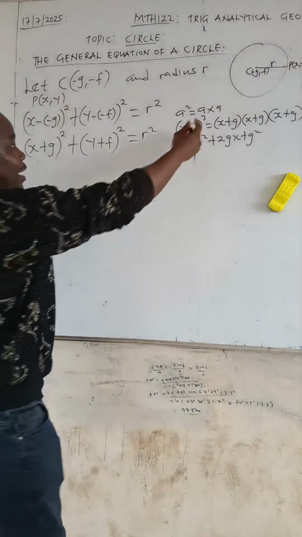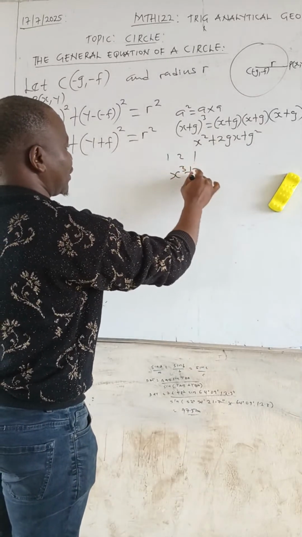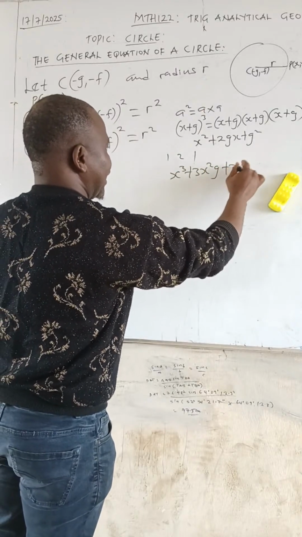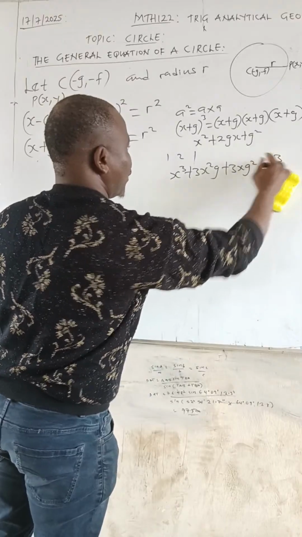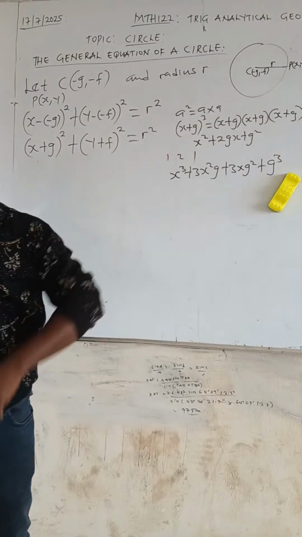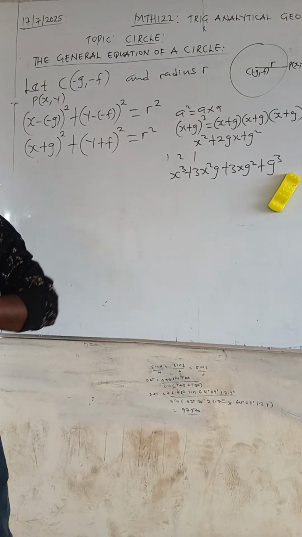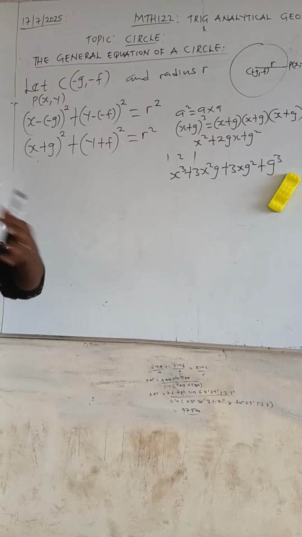This will give you x cubed plus 3x squared g plus 3xg squared plus g cubed. So 1, 3, 3, 1. That's the answer. You don't need a prophet to tell you. You are supposed to know all these things so that it will not waste your time.